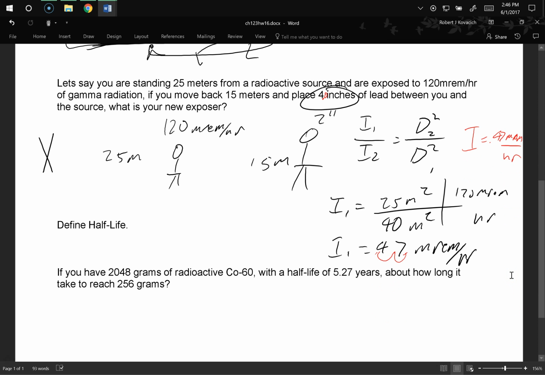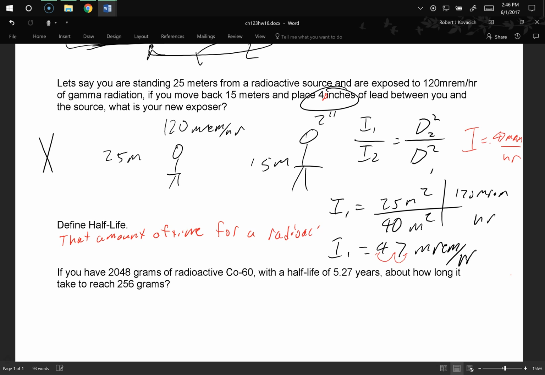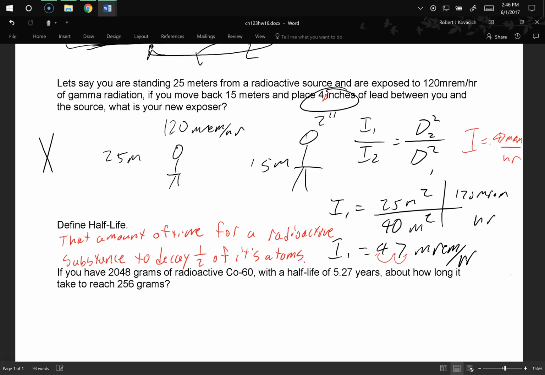Definition of half-life. What do you got? So half of its atoms decay and turn into something else.